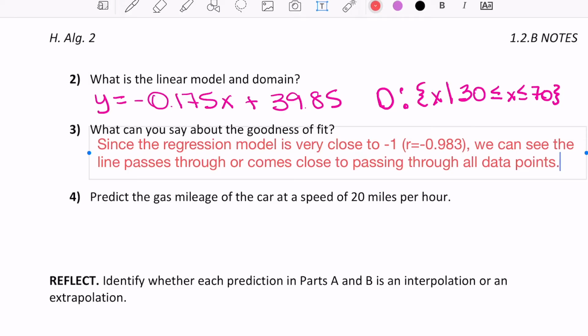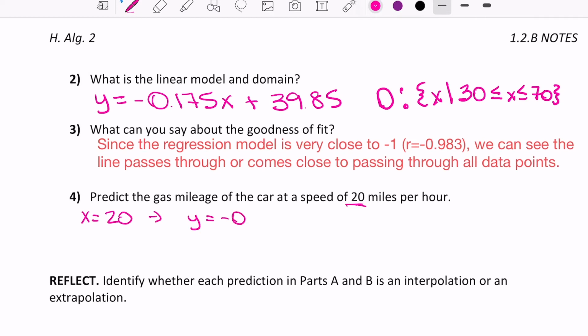Finally, you are asked to make a prediction for the gas mileage of the car at a speed of 20 miles per hour. Now, how do we make a prediction? We can take our equation and we can substitute in for x. So I'm going to say x equals 20, and I'm going to plug it into our regression model. Negative 0.175 times 20 plus 39.85. So plug that into your calculator.